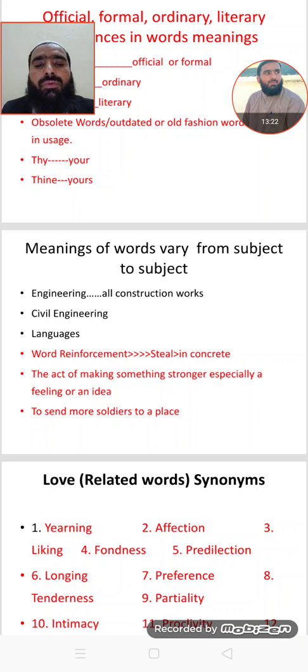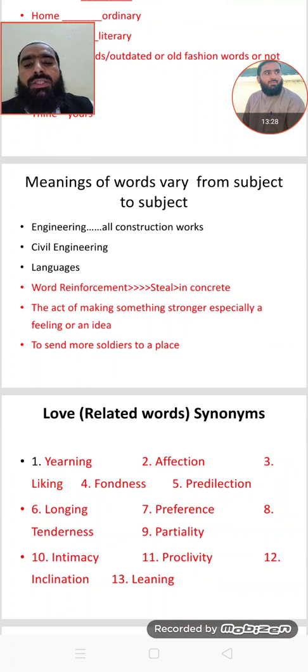Meanings of words vary from subject to subject. Students, remember, in engineering subjects, in all construction works, like civil engineering, and in languages, we have one word, reinforcement. The word reinforcement has different meanings in different subjects.